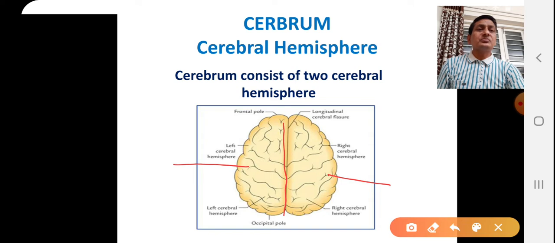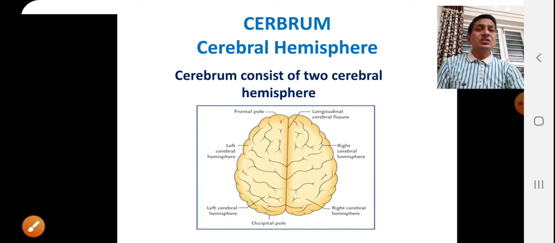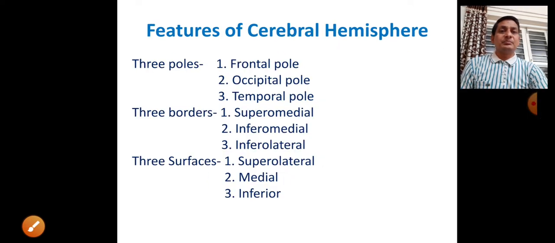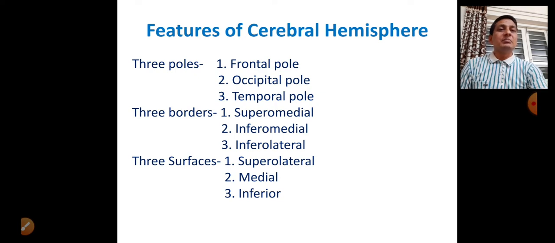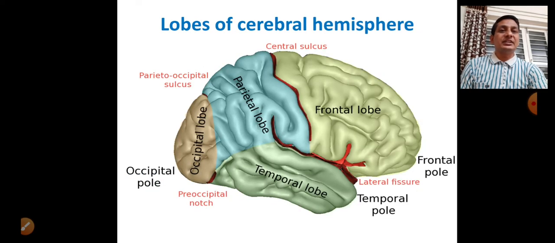Now this is the part of the central nervous system. The features of the cerebrum: each cerebral hemisphere has a frontal pole, occipital pole and temporal pole, three borders, superomedial, inferomedial and inferolateral, and three surfaces, superolateral surface, medial surface and inferior surface.